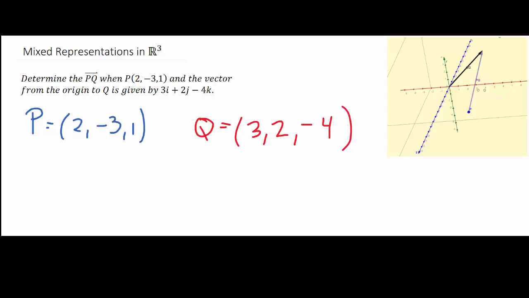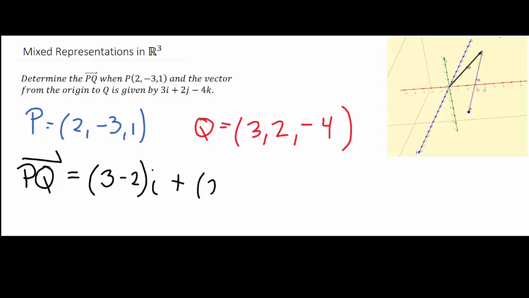So the vector PQ will be the difference: 3 minus 2, that'll be the I component, plus 2 minus -3, that'll be the J component, and then -4 minus 1, which will be the K component.